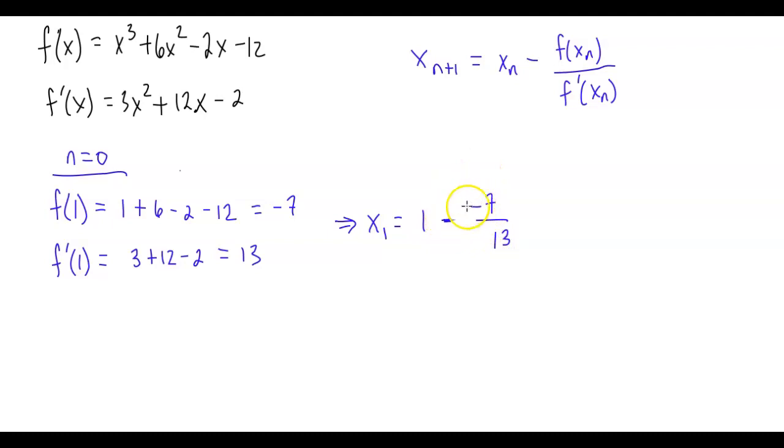Subtracting the negative is the same as addition, and this ends up being 1 7/13, which is the same as 20 over 13. The decimal value for 20 over 13 is roughly 1.5385.